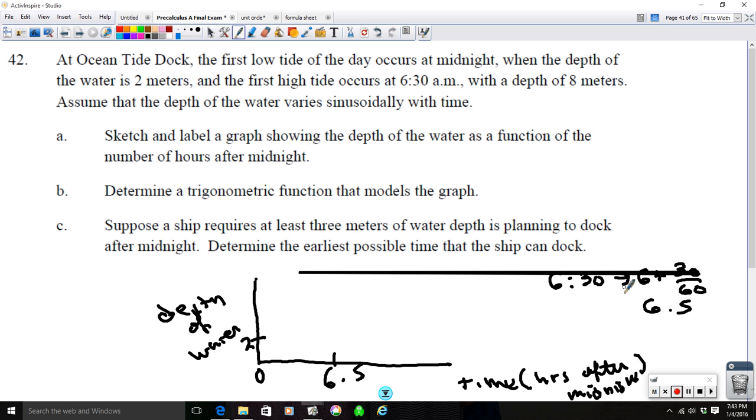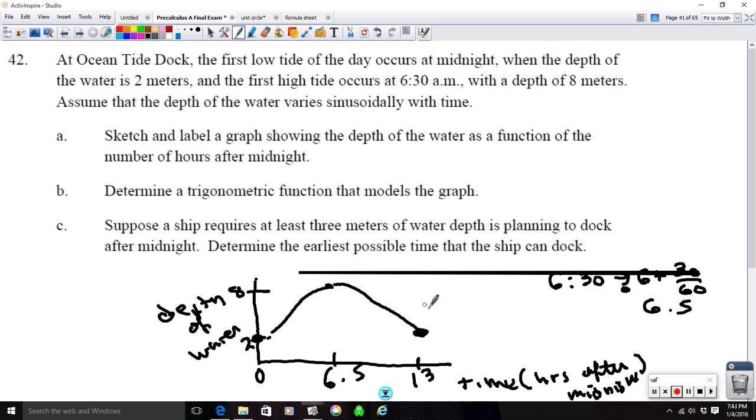And that first high tide is a depth of 8 meters here. So that's half of the period because it's going from here to here. And again, we need the other half of the period, so we have to double that. So that's going to get you to 13. And 13 is really 1 o'clock, because it's clock time, like military time, like 1300 hours.